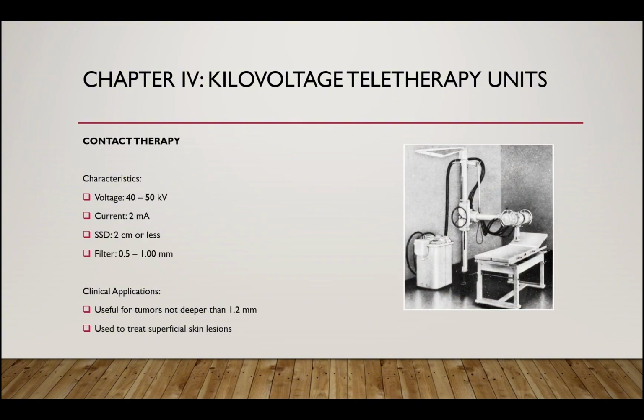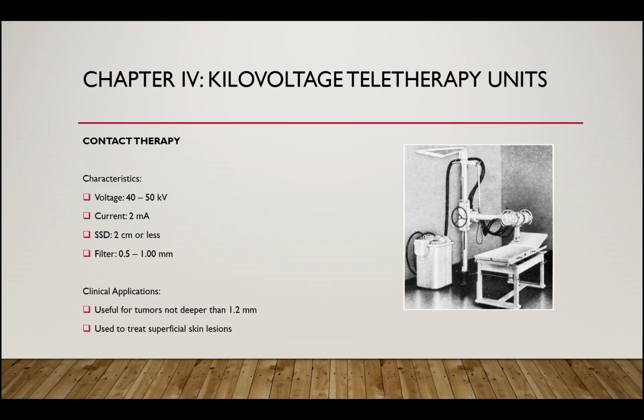So next is the contact therapy. Okay, the contact therapy, or we can also call it endocavitary machine. It operates at potentials of 40 to 50 kilovoltage, and it facilitates irradiation of accessible lesions at very short SSD. SSD, or the source to surface distance.